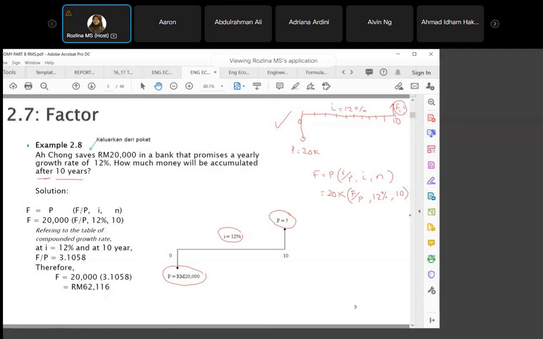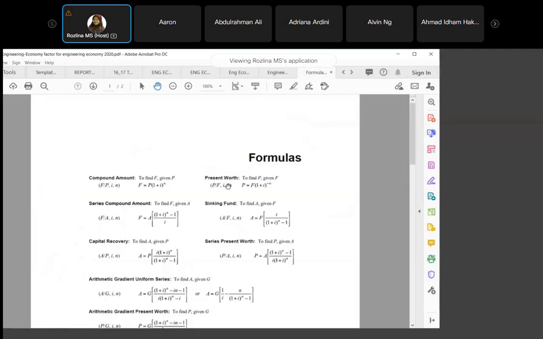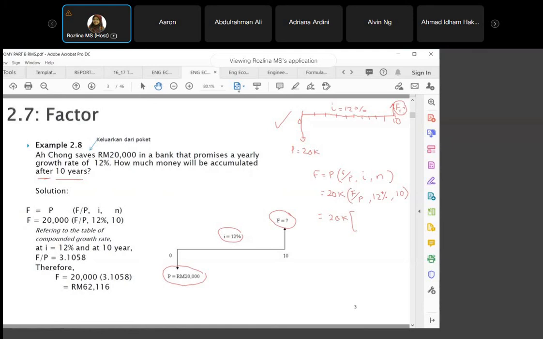So if you use the formula, it is 20K, F over P, not P over F. It is reversed, remember how the formula goes? This is F over P, not P over F. It is 1 plus I to the power of N. 1 plus I. This is by using the formula.